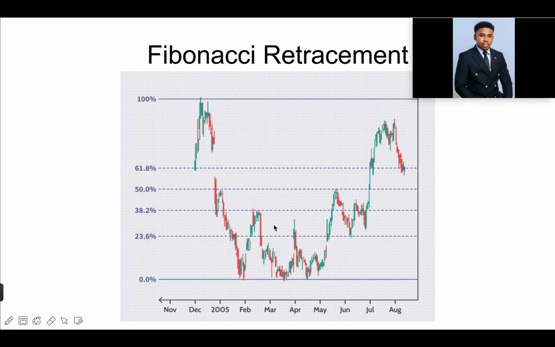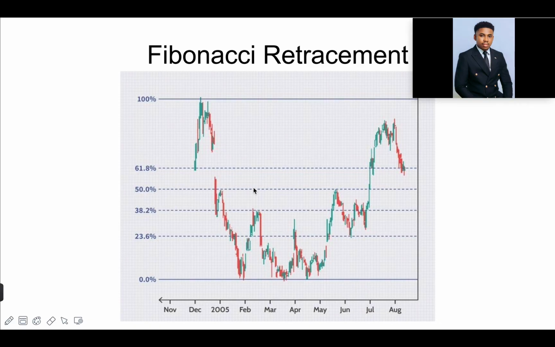Now, this is what the Fibonacci ratios look like on the charts. If you draw from a peak to a trough in the market, it plots out these Fibonacci ratios in the market. So you can see the 23.6%, 38.2%, 50%, 61.8%, and 100%.